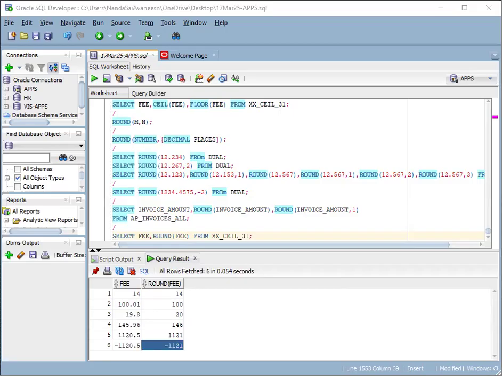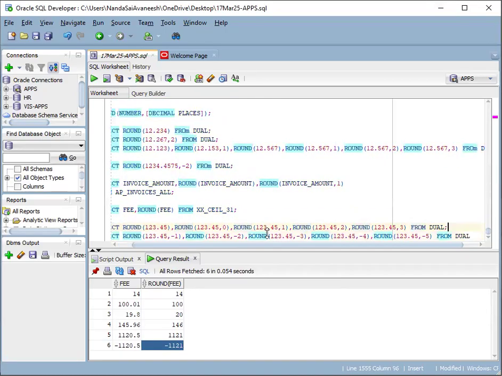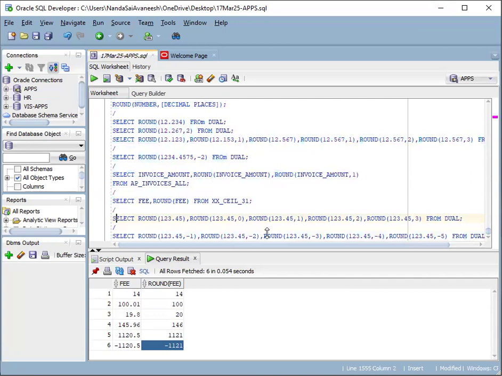For one more example of the ROUND function with negative and positive values, select ROUND of 123.45, ROUND of 123.45 comma 0, ROUND of 123.45 comma 1, 2, 3.